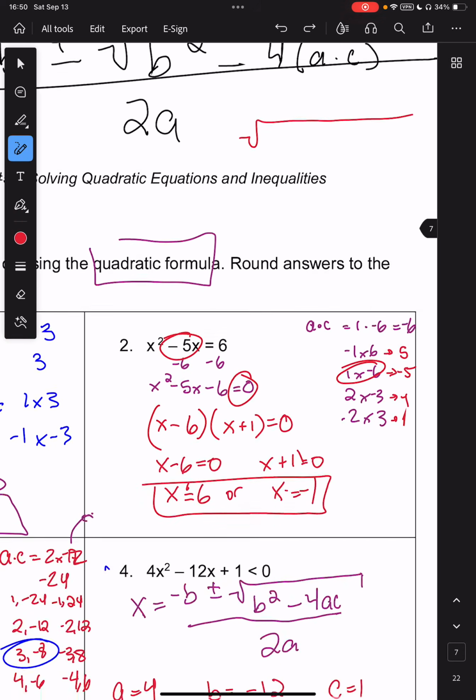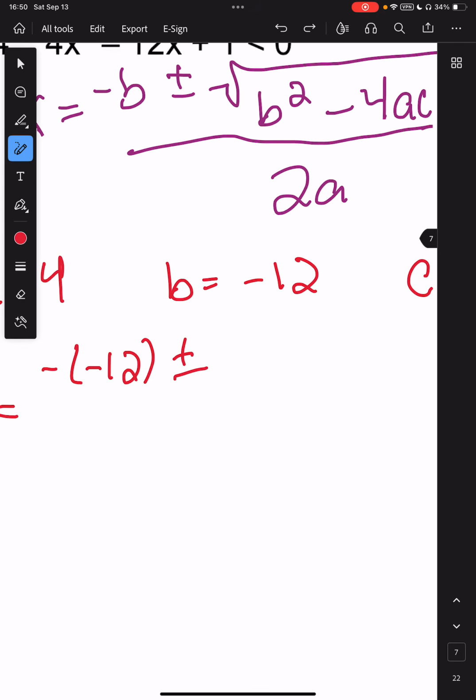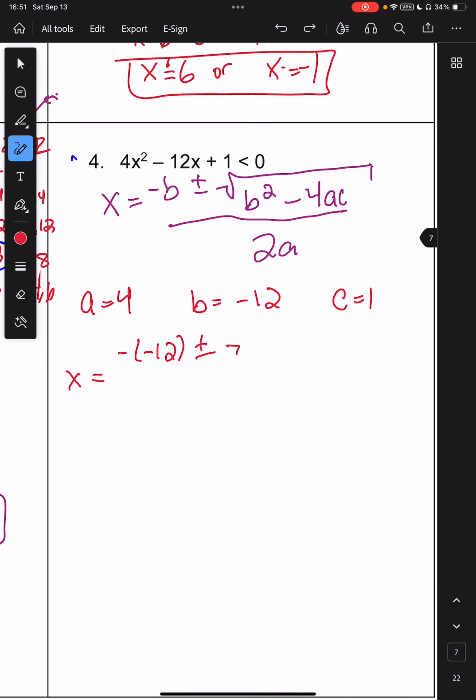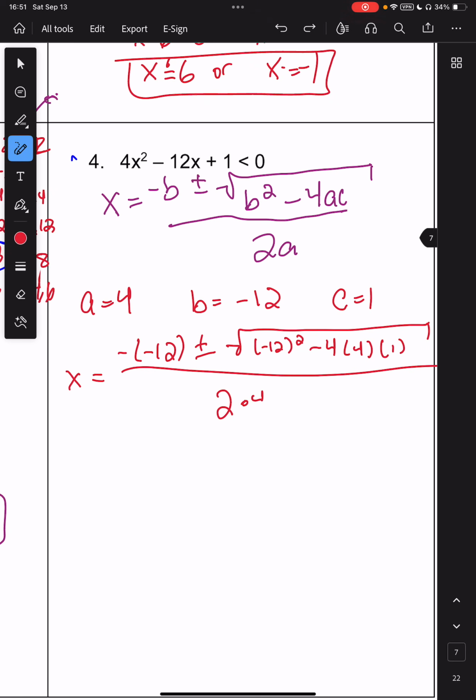I don't know what just happened. It just scrolled up. Okay. So, the square root of b squared, negative 12 squared, minus 4 times a, which is 4, times c, which is 1, all over 2a, 2 times 4.